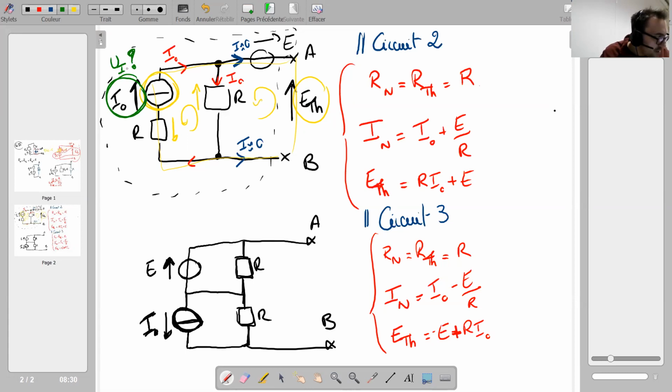So applying a mesh law in a circuit containing a current generator adds another unknown, and you don't want this. So the only useful mesh law here is this one. I'm going in this direction: ETH minus E plus RI0 equals 0. And that's it.